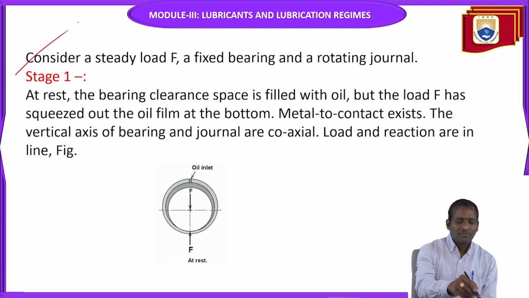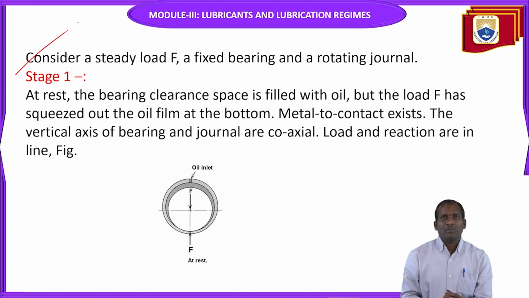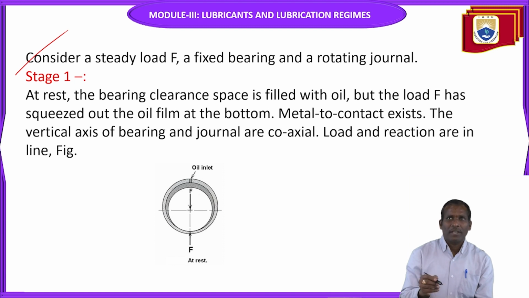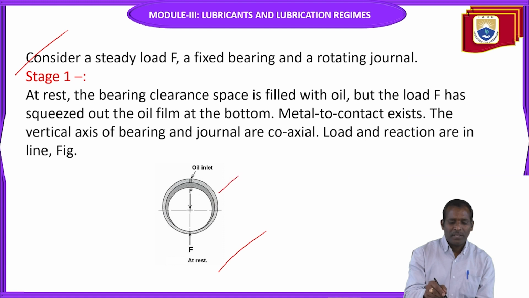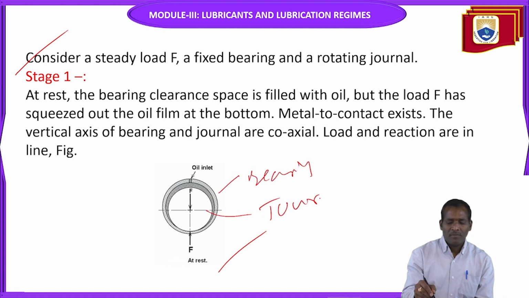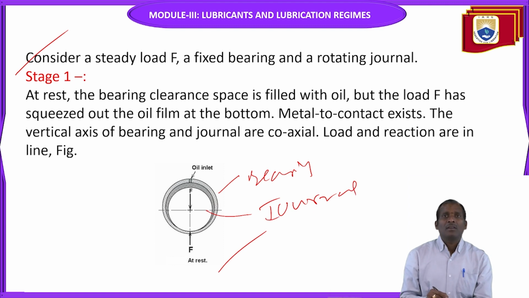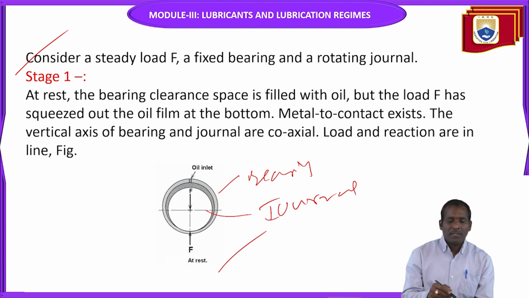Here consider a steady load force, a fixed bearing, and a rotating journal. This is a rotating journal, and this is the bearing and journal. So there is eccentricity between these two axes.